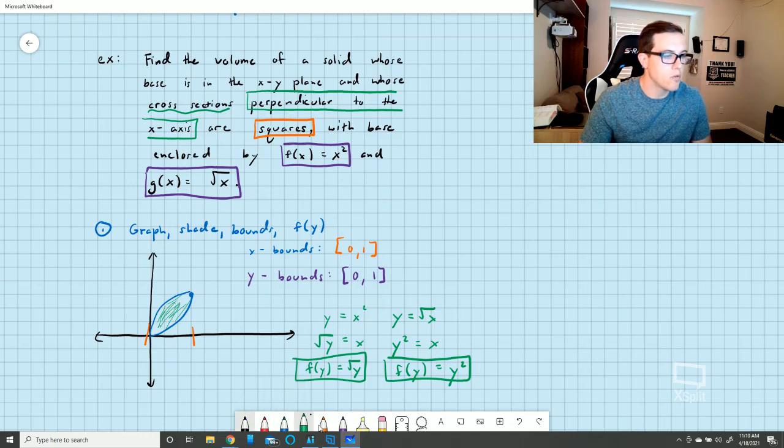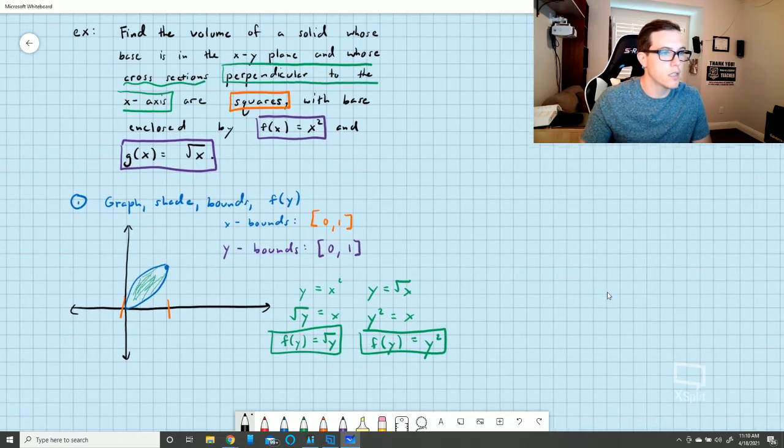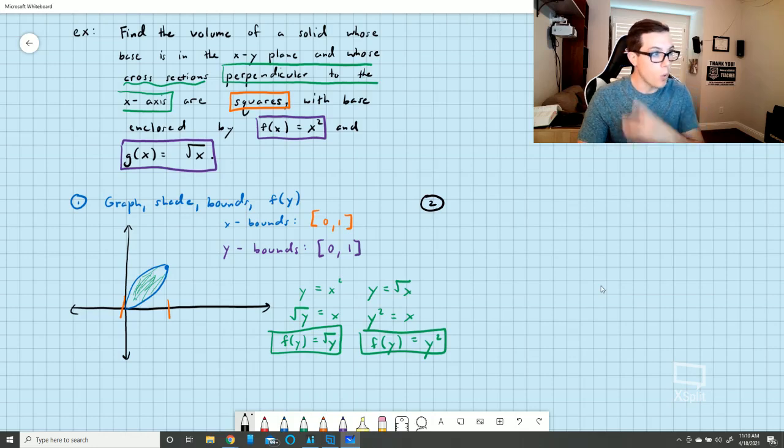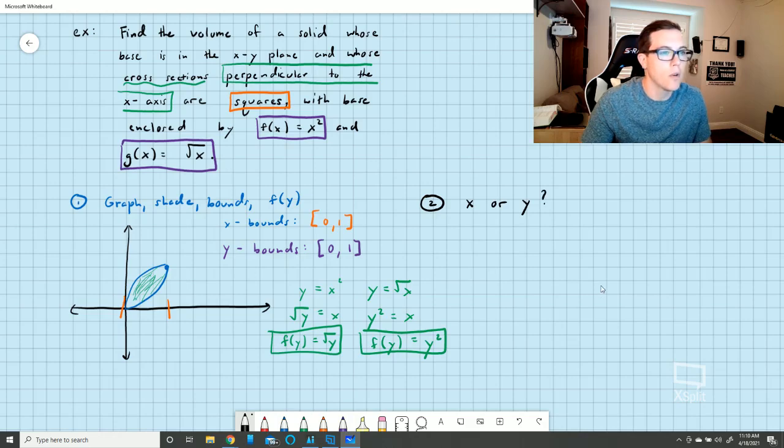Okay, step 2. Just like last time when we did volume by rotation and volume by cross section, you need to figure out which variable we are using, x or y. So here's the key you're looking for. When it says perpendicular to the x-axis, or sometimes it could say parallel to the y-axis, those mean the same thing.